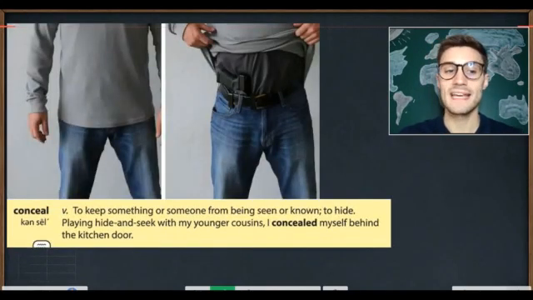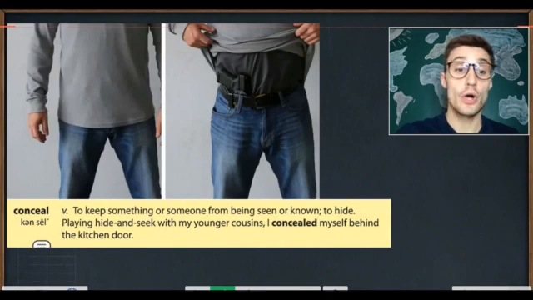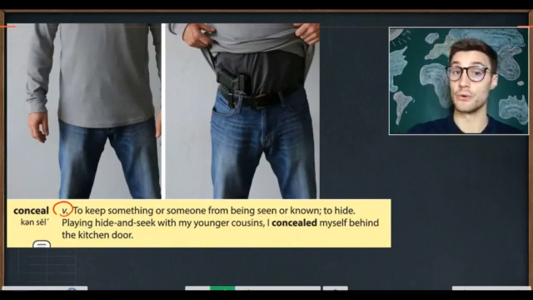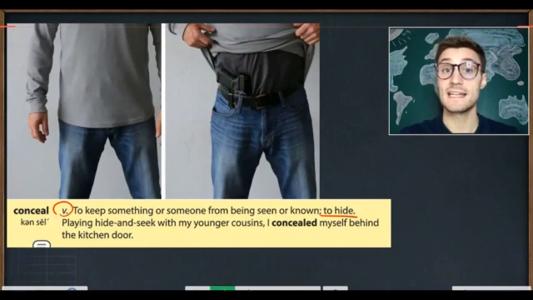The next word is conceal. Conceal. To conceal is to keep something or someone from being seen or known. To hide. To hide is a synonym for conceal.